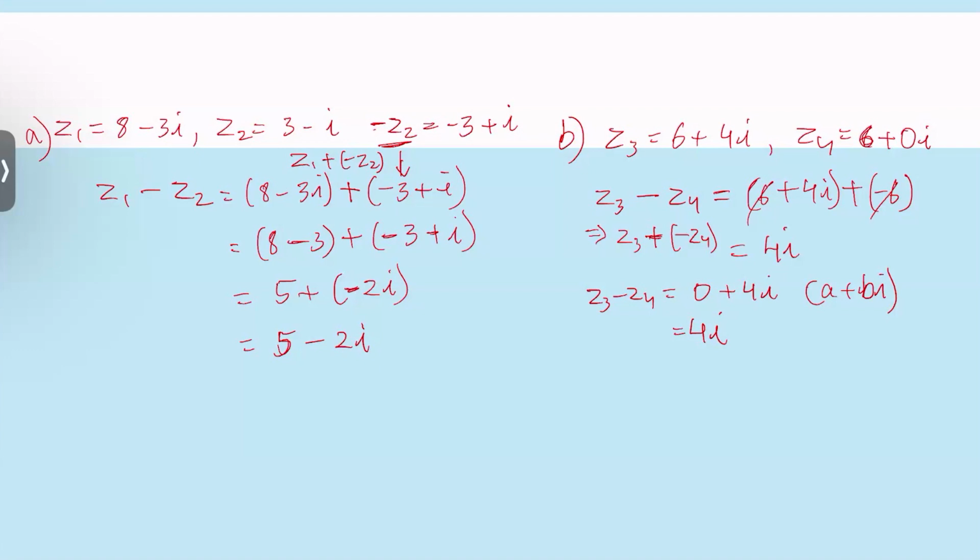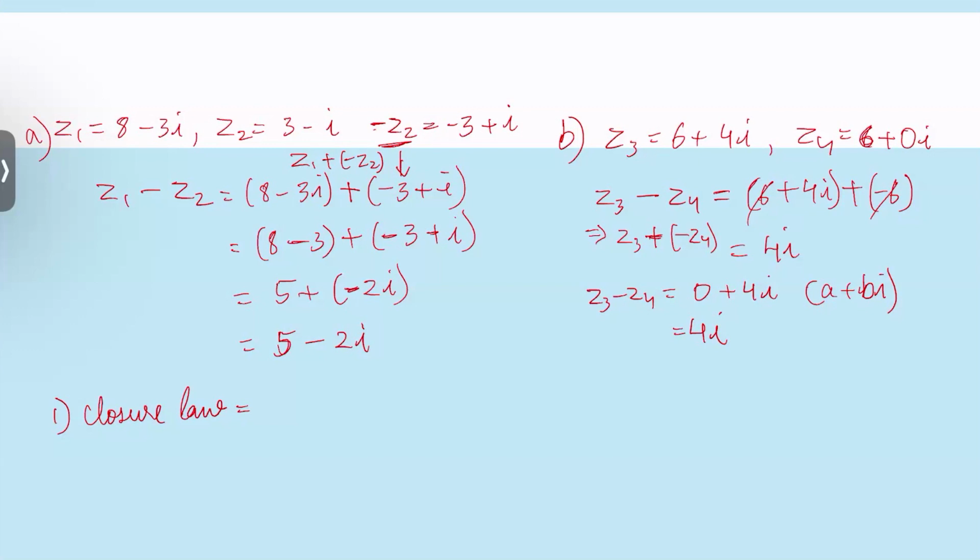Okay, so the first law that we had was the closure law. Closure law means that the difference of two complex numbers has to be a complex number.